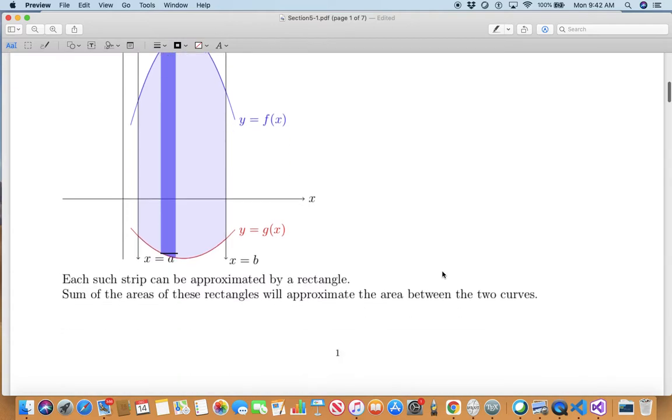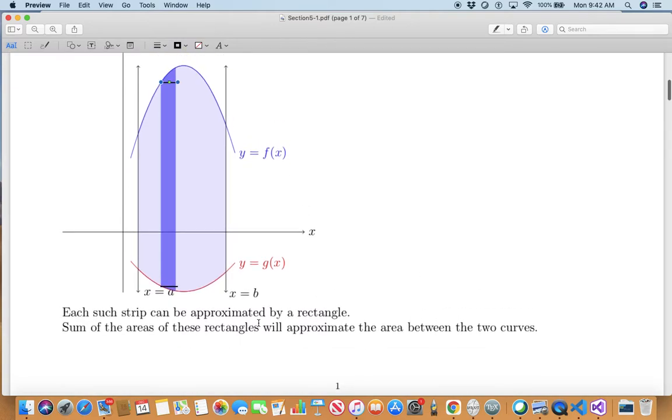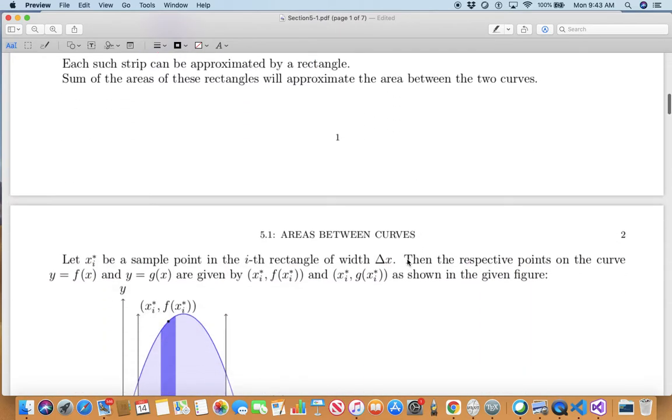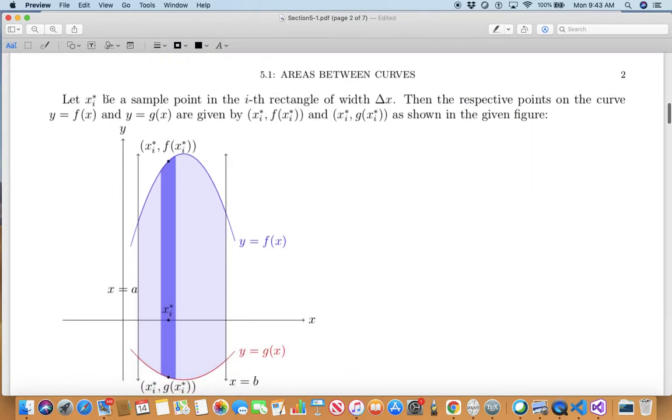Okay. Now notice the word approximated. So you need to approximate with rectangles. So you will lose some area, you may gain some area depending on where you draw your heights of the rectangles. Okay. Now, choose any sample point, xi star, any sample point. Corresponding to that, you have points on the curve y equals f(x), y equals g(x).